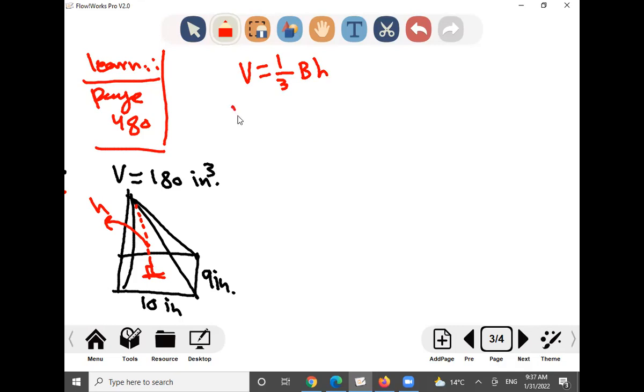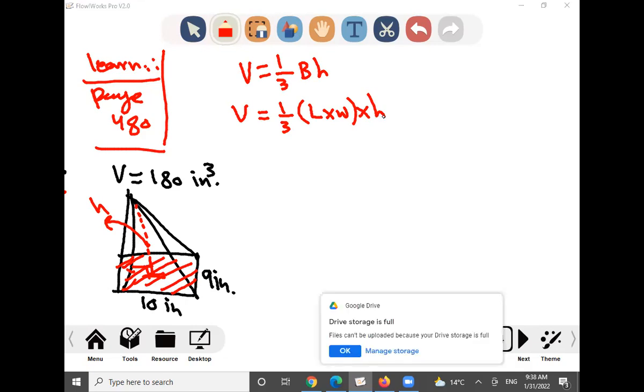So let's apply V equals 1 over 3. The big B is what? Length by width. Why? Because I'm talking about a rectangle here, right? Multiply by the H.